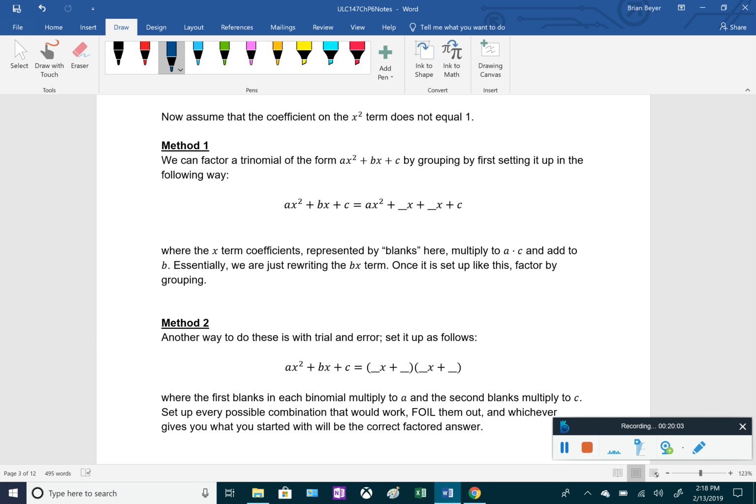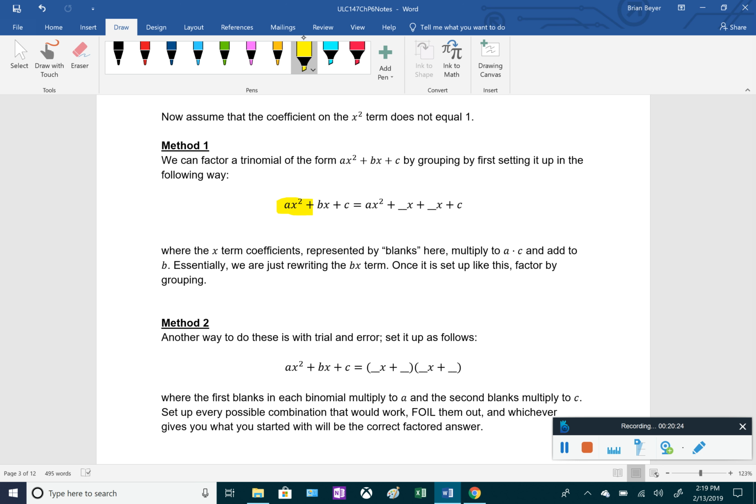So the first method here: if we have a trinomial in the form ax squared plus bx plus c, so the coefficient on the x squared is not equal to 1, it becomes a lot more annoying. What we're going to do is do it by grouping, by setting it up in the following way.